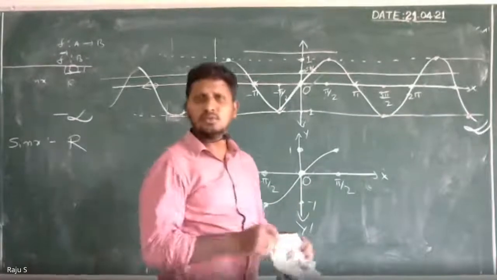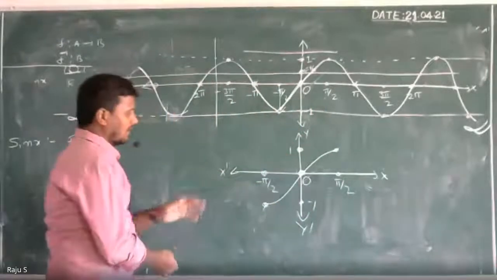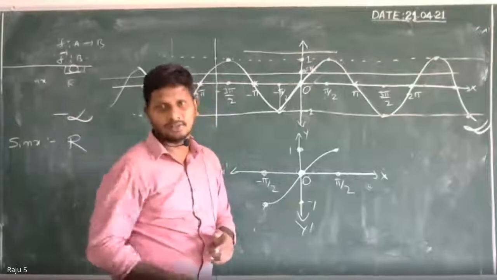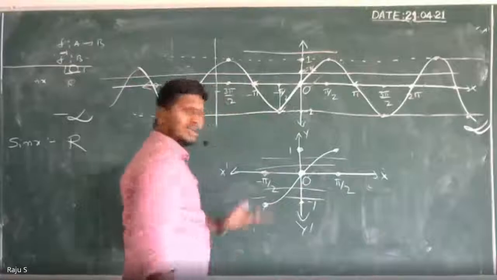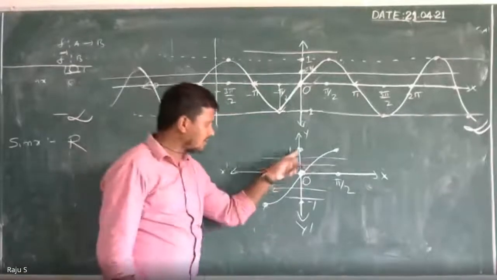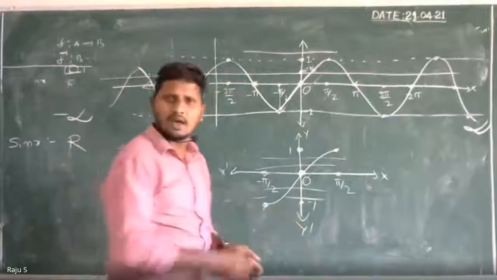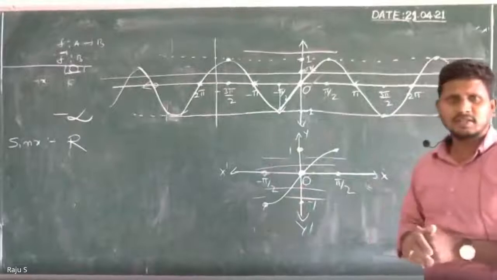So what is the use if we restrict the domain? Now can you tell me, if you draw a horizontal line, we can draw infinite horizontal lines. Your wish. Anywhere you can draw the horizontal line from 1 to minus 1. So each and every horizontal line, at how many points will it touch the given curve?